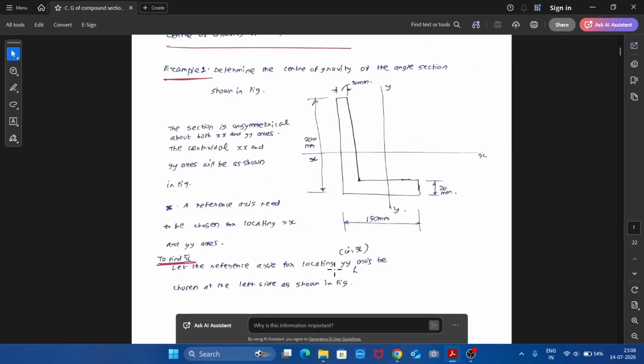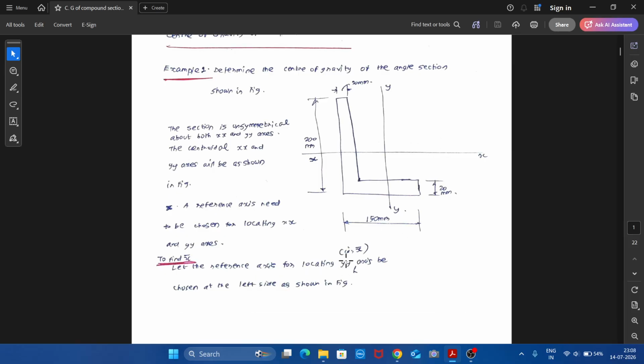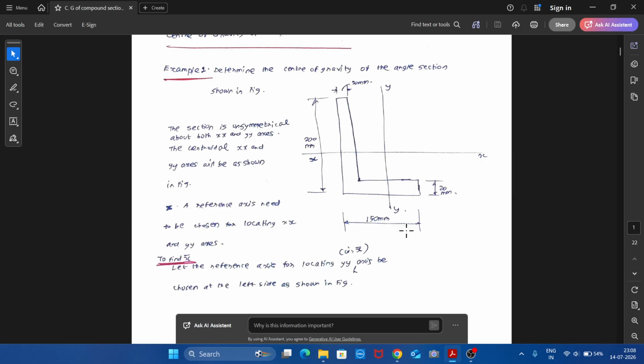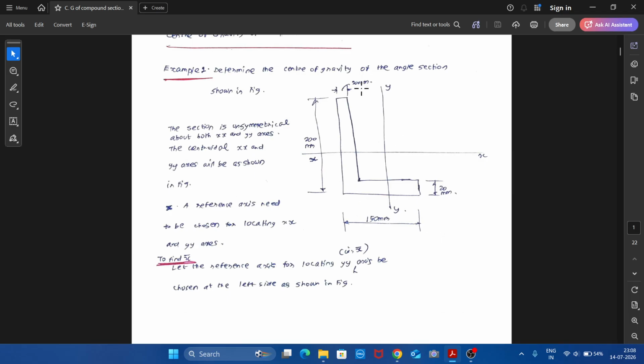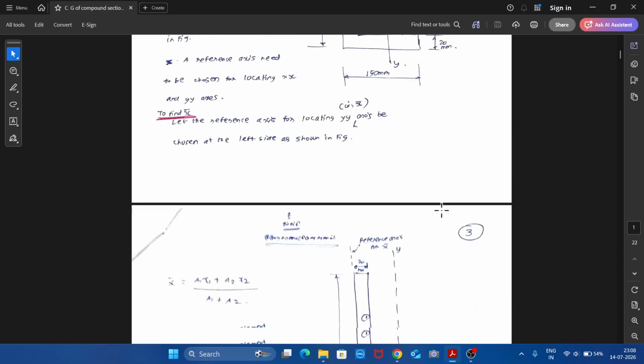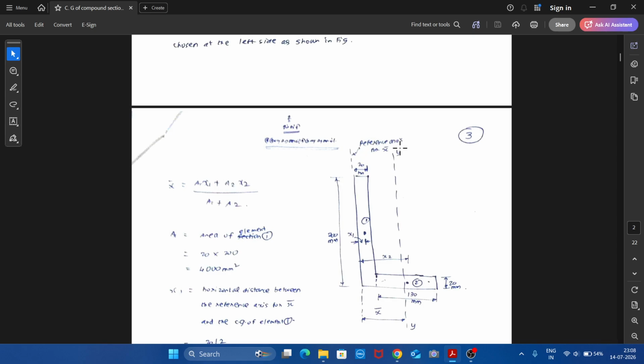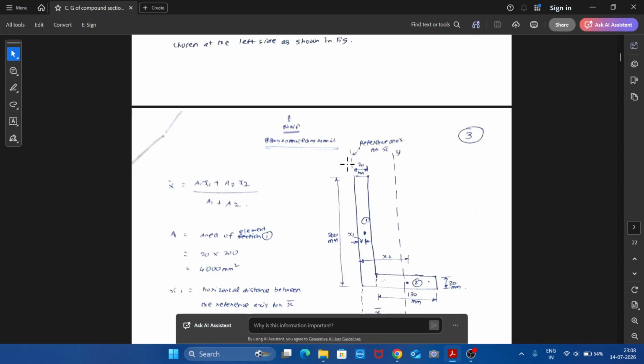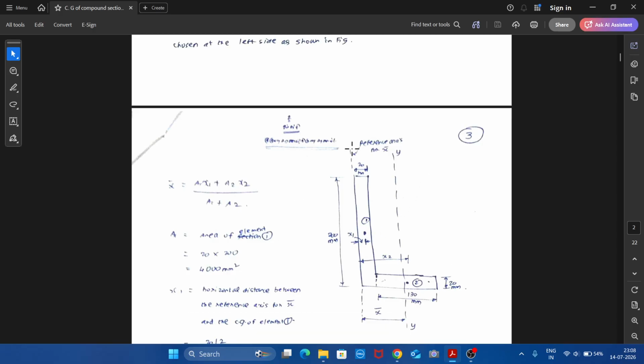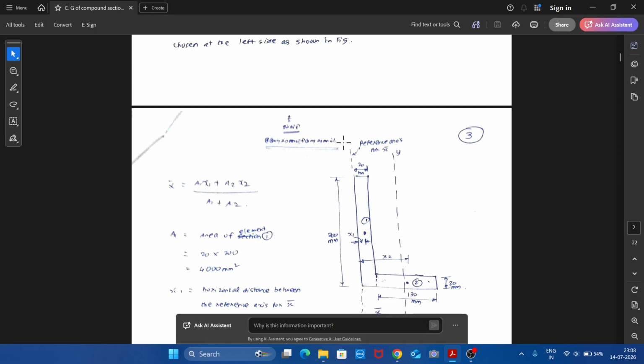So let the reference axis for locating the y-axis, that is x bar, be chosen at the left side as shown in the figure. It is optional; you can choose the reference axis either at the left or at the right. In this problem we have chosen the left.